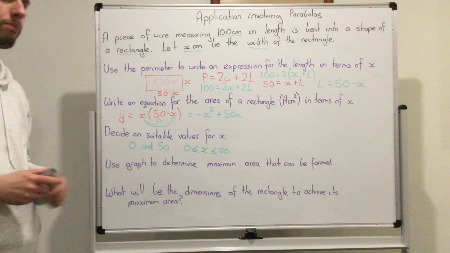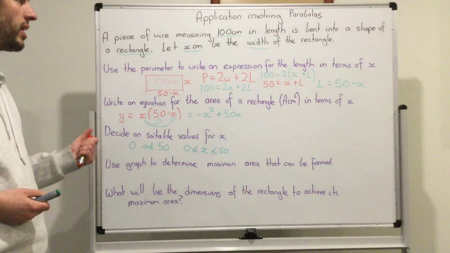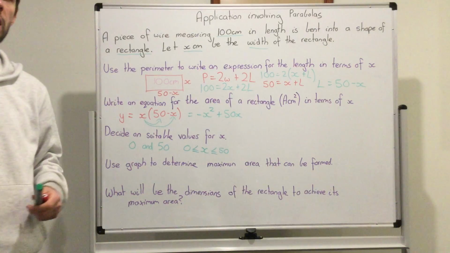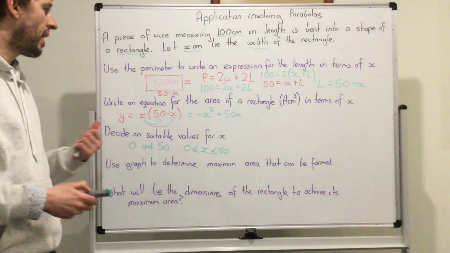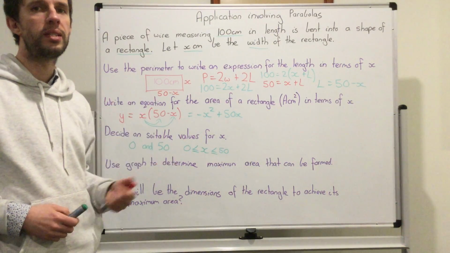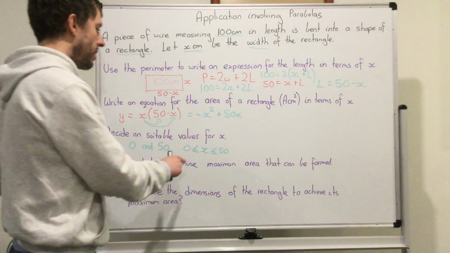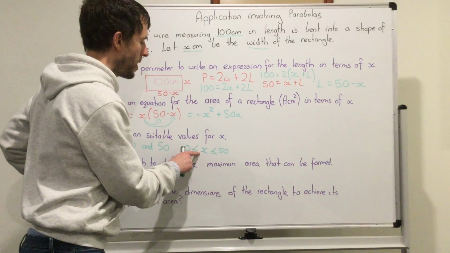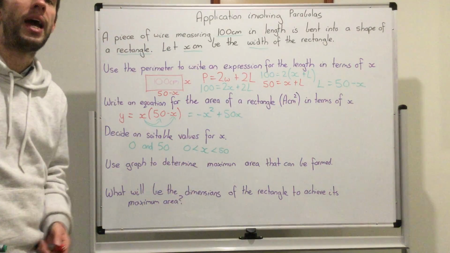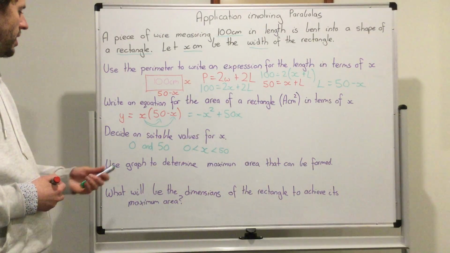But if we're thinking about area, we can't have one side being completely 50 and one side being completely 0, because then it's not going to be an area. So I'll take away the equal sign, and it has to be greater than 0 and less than 50.